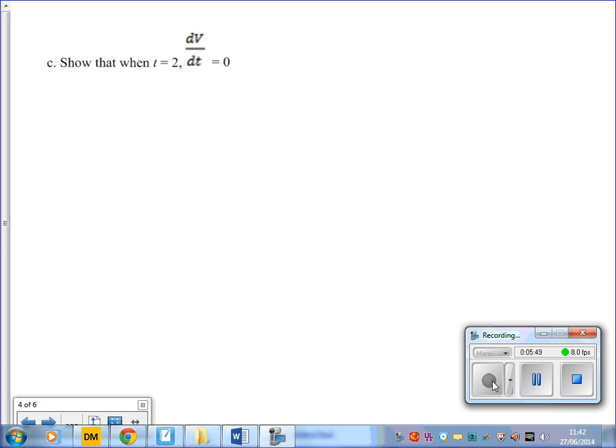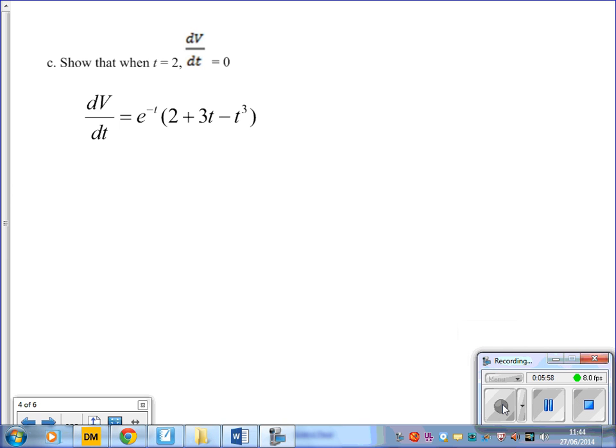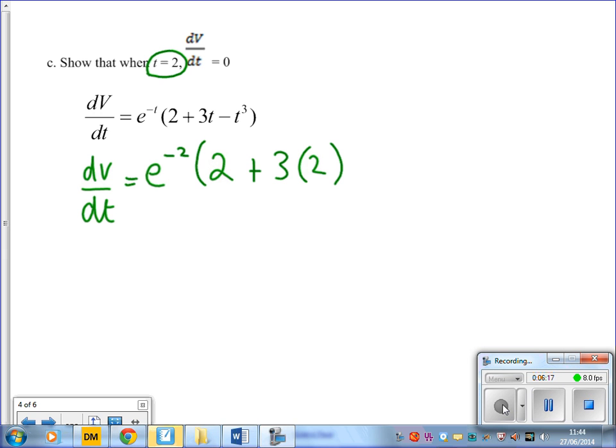For part C, we use the result we've just found in B, and we substitute in t equals 2. So here's dv dt as it was shown in the question, and all we're going to do now is to substitute in this value of t, giving us dv dt equals e to the minus 2, 2 plus 3 times 2, minus 2 cubed.